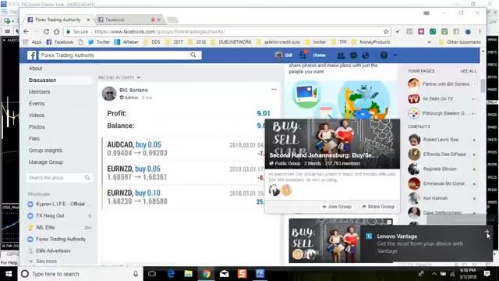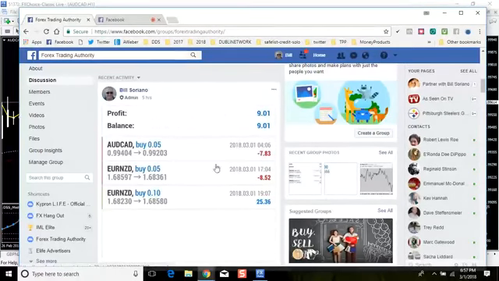And like yesterday, I started off with two bad trades. During the Tokyo session last night, I decided to take this trade here with AUDCAD, and I lost 20 pips on that one.